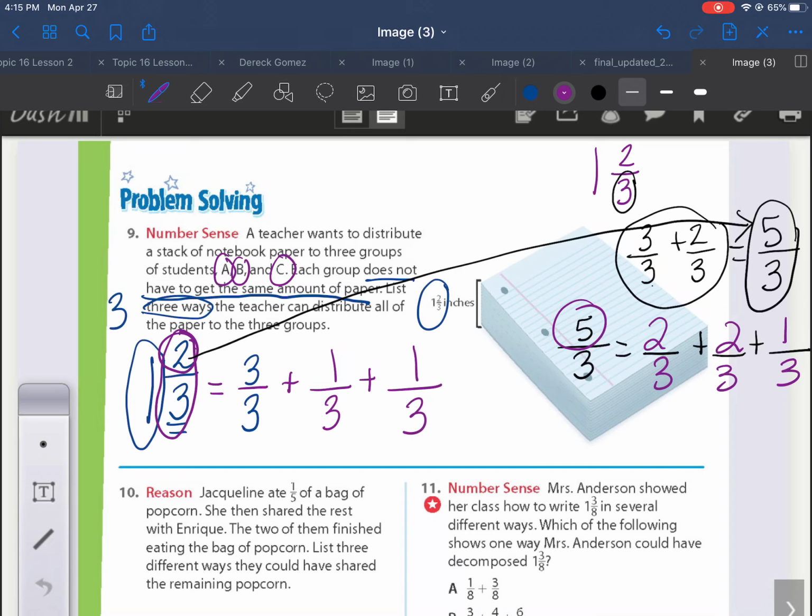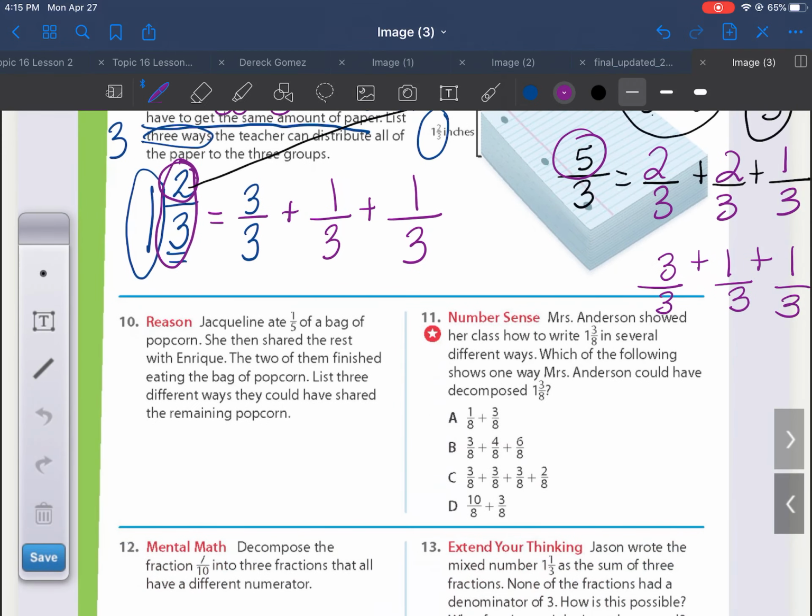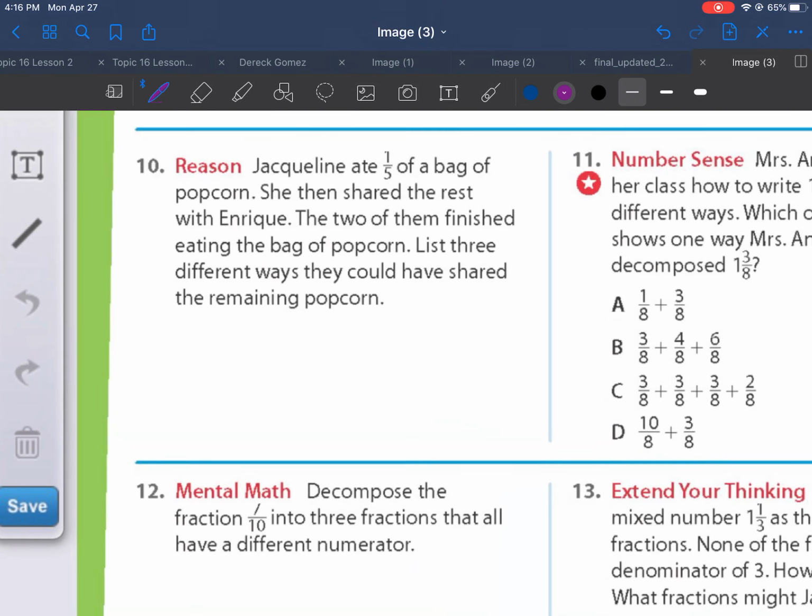We can break it apart by saying 2 plus 2 plus 1. We could have also said 3 plus 1 plus 1 to make 5. Remember that the denominator is going to stay the same. So that's 3 different ways to show that fraction.